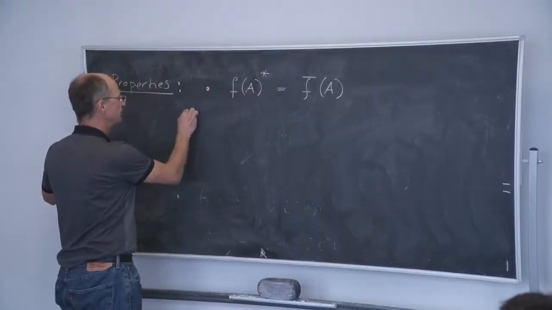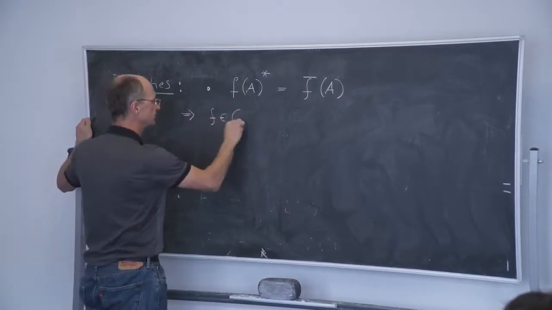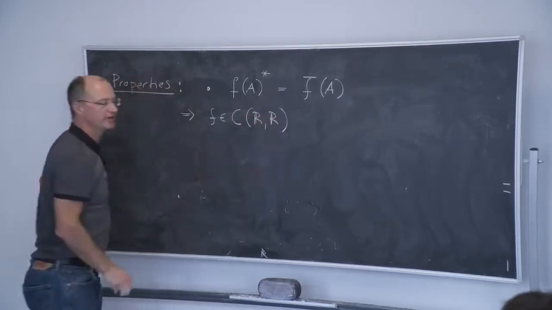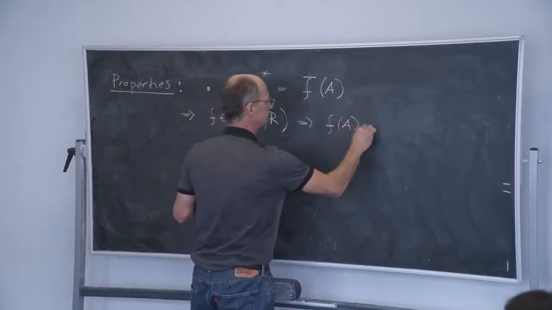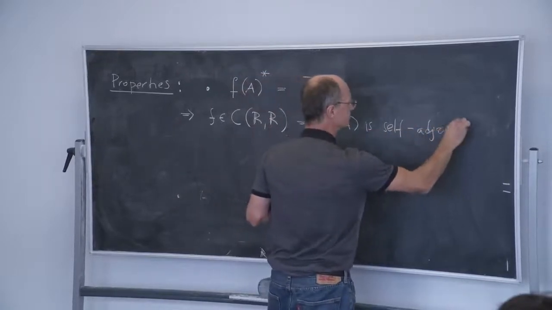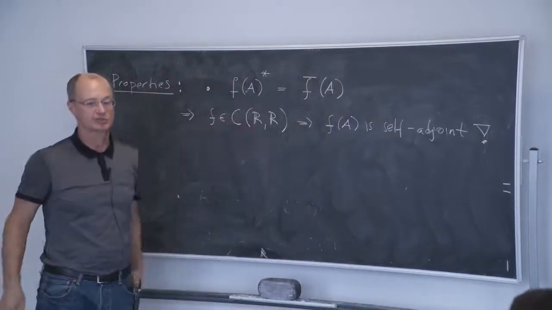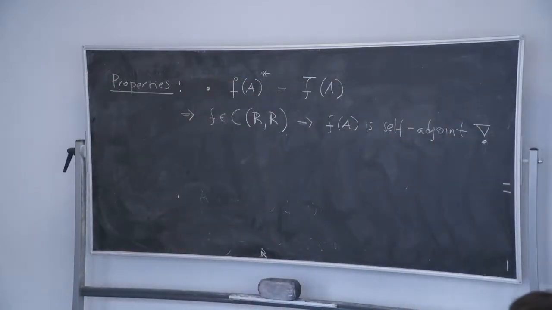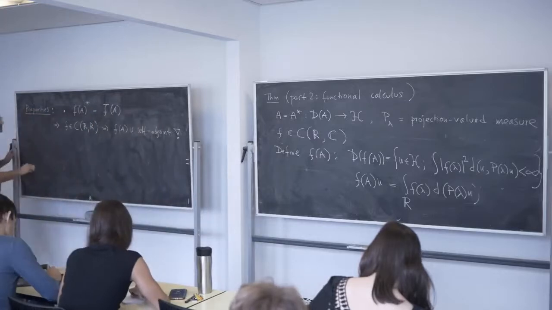So in particular, this implies that if f is a real valued function, then the corresponding operator that you obtain using this functional calculus is self-adjoint. So you can take any exotic function you want, it gives you a self-adjoint operator.